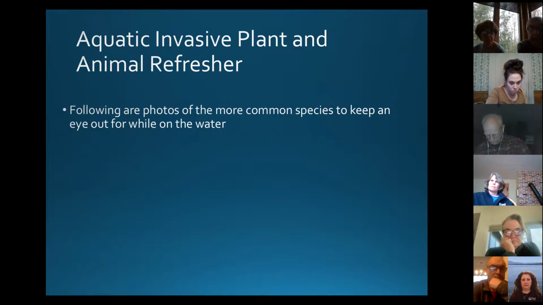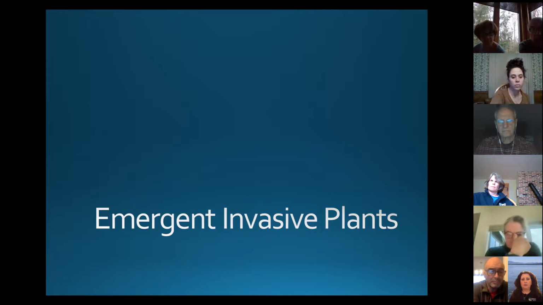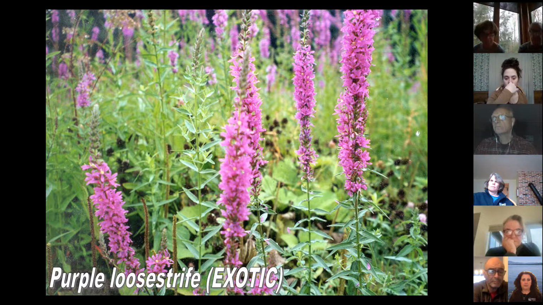So let's take a look at some of these things so you have some pictures. Again, I'm going to start with the plant zonation, but this time all of these are going to be invasive species that you should be looking for with weed watching. Starting back on the shoreline with those plants that are rooted in the sediment and come up above the surface of the water, we have purple loosestrife. This one is a really common one that we see in late July and August.